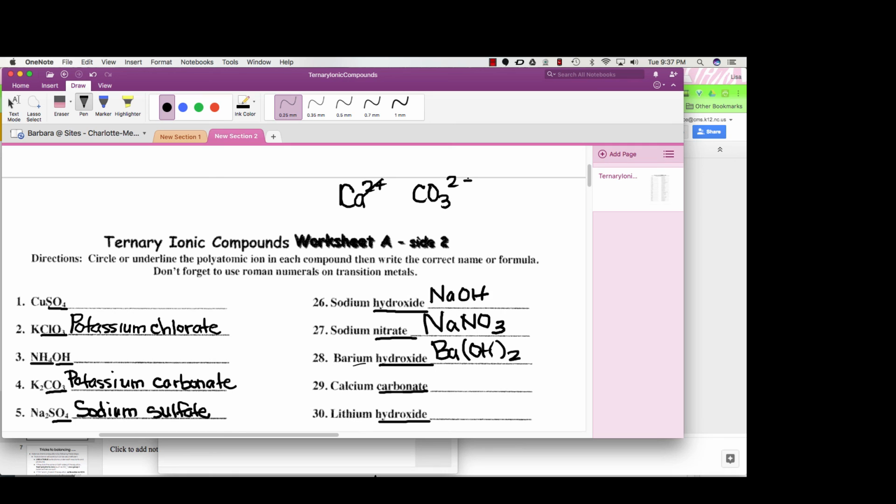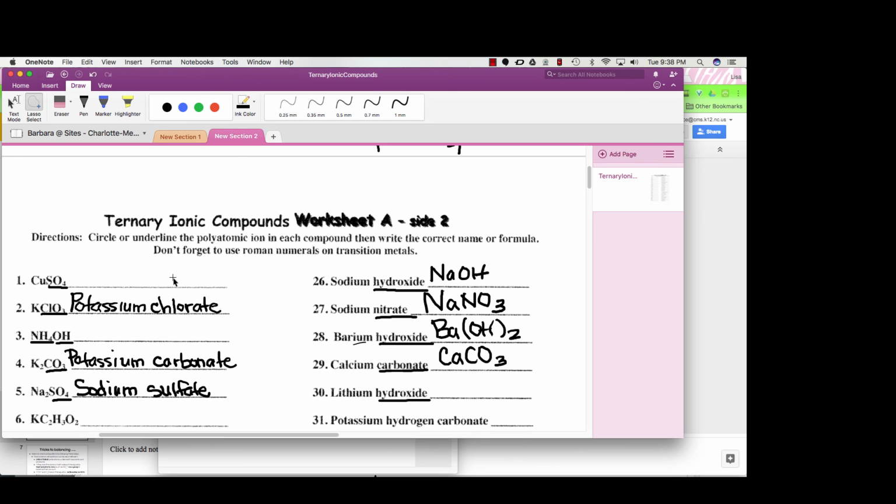If we divide both numbers by 2, you get a +1 and a -1. So we can cross those charges, and then our final formula becomes CaCO3.